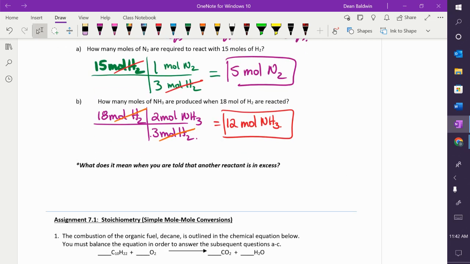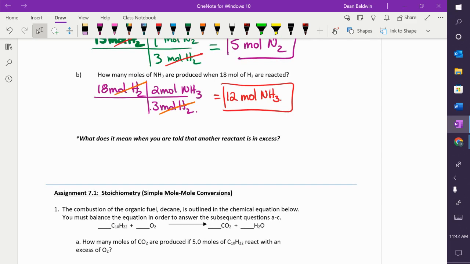All right. What does it mean when you're told that another reactant is added in excess? What do you think that means? It's more than what's required. All right. You just dump a whole bunch in. You'll have a ton of it left over at the end. Okay. But I like that.